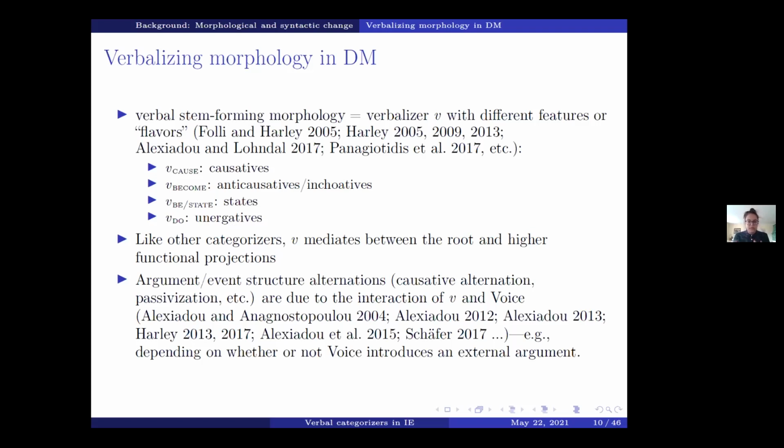And then argument and event structure alternations, such as the causative alternation and passivization, are actually thought to be due to the interaction of little v and voice, where voice is the projection that introduces the external argument, or depending on its features, induces passivization and things like that. So this is based on the approach by Alexiadou, Anagnostopoulou, and Schäfer and others that we already saw in Lieven Danckaert's talk as well.